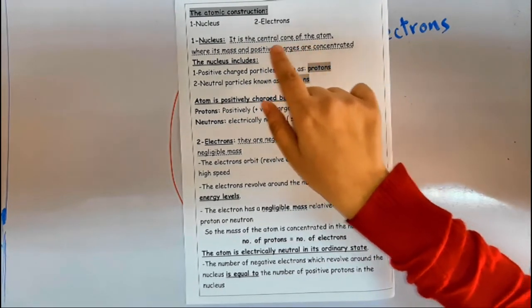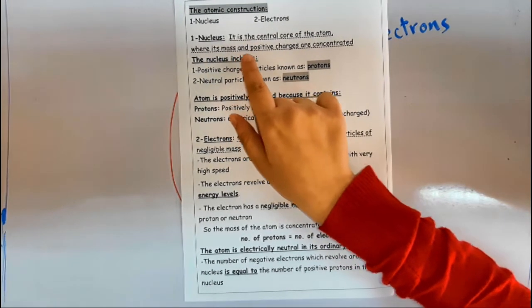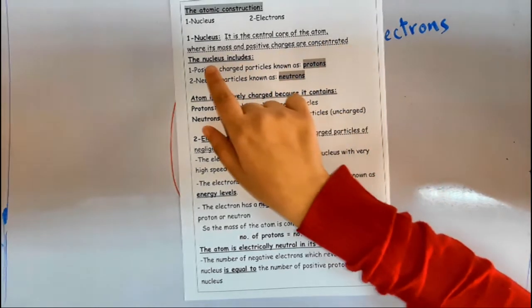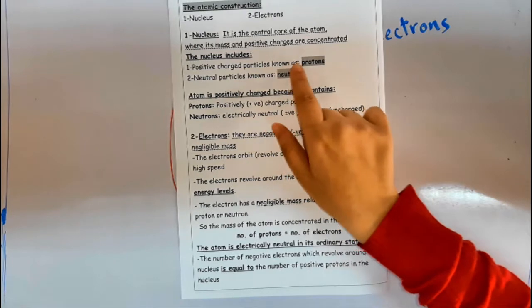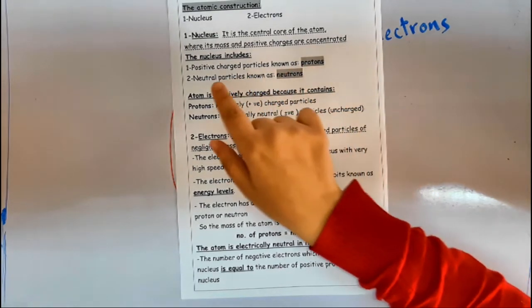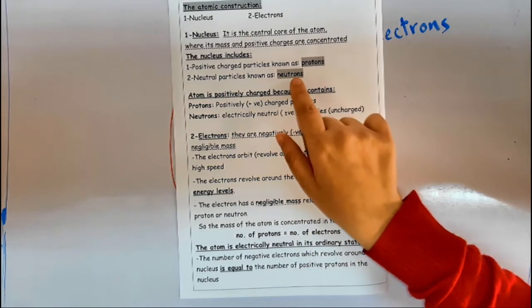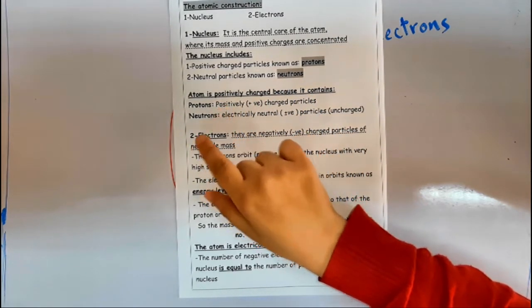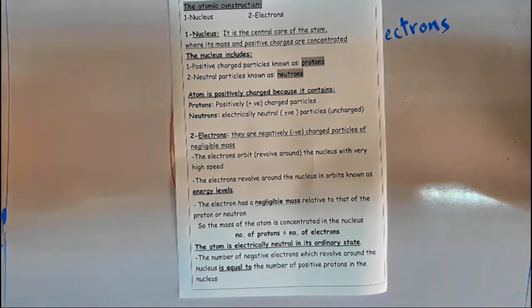As we saw, it is in the center, where its mass and the positive charge are concentrated. The nucleus includes positively charged particles, known as protons, and neutral particles with no charge, which are called neutrons.